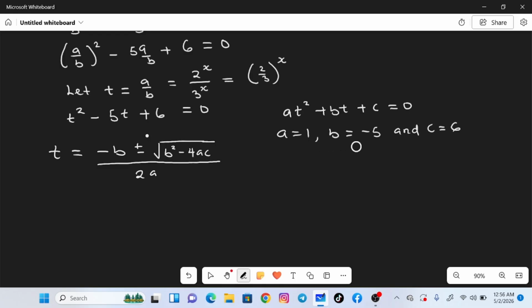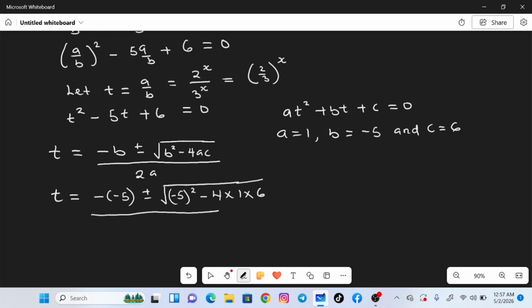So let us substitute these values into this equation to determine the value of t. T equal to minus bracket minus 5 plus or minus root of minus 5 raised to power 2 minus 4 times 1 times 6, over 2 times 1.